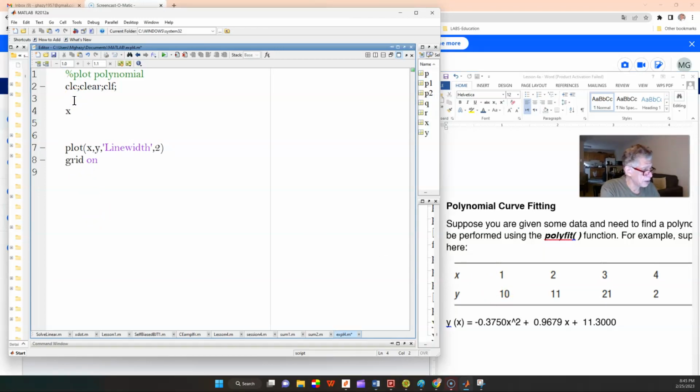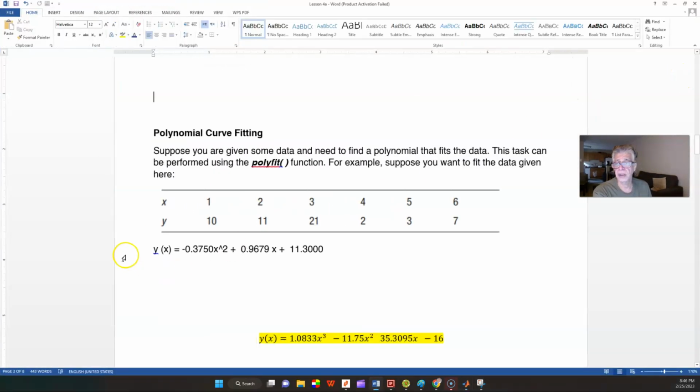So x equal, and you can enter it element by element, 1, 2, 3, 4, 5, 6. No, I'll have only up to 6. That's what you have here. See, x from 1 to 6, not to 7, all right? And you have 10, 11, 12.